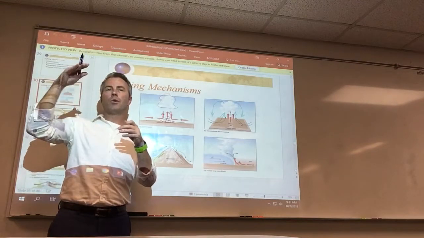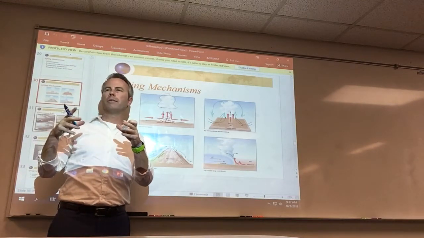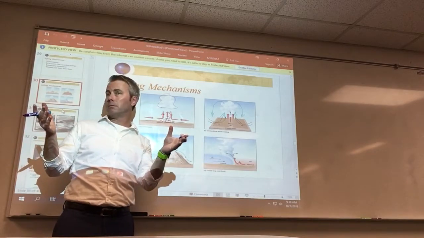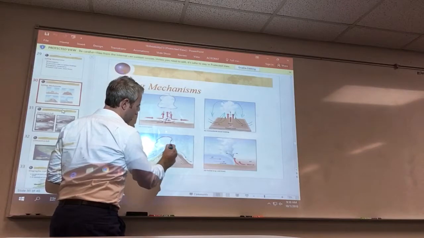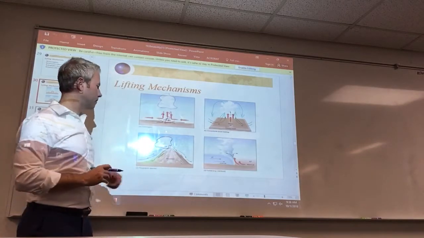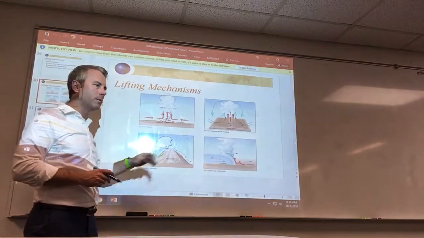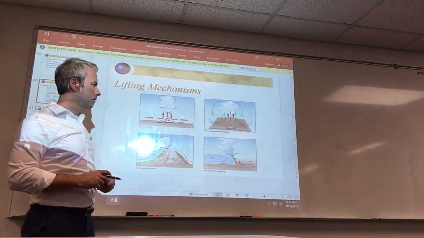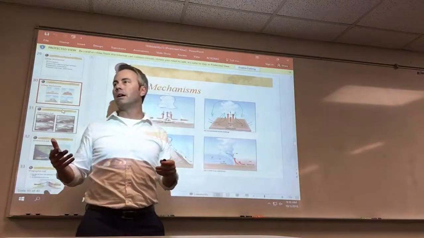It cools to a certain point where it becomes condensed. And it's saturated. If it's saturated, it creates a cloud, right? So if it creates a cloud, this is what we'll get. We'll get little clouds, generally on the windward side, which is the side the wind is coming from on a mountain.